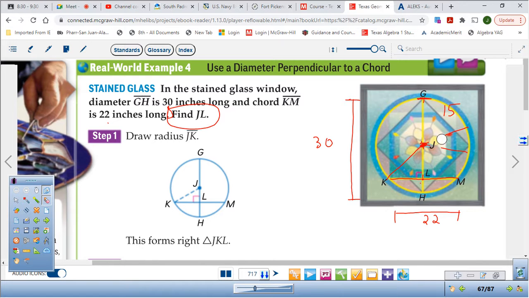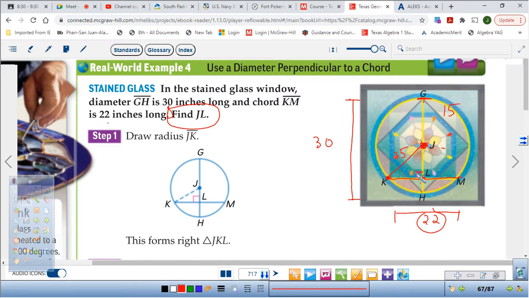So I'm going to purposely leave that one right there. I'm going to leave from here to here, which is a radius. So that's 15. Now, from here to here is a radius, but they want to know from here to here. What do I know here? Well, I know from here to here is 22. It's showing me that it's perpendicular. So this one happens to be half, and this one happens to be half, so this one's 11.